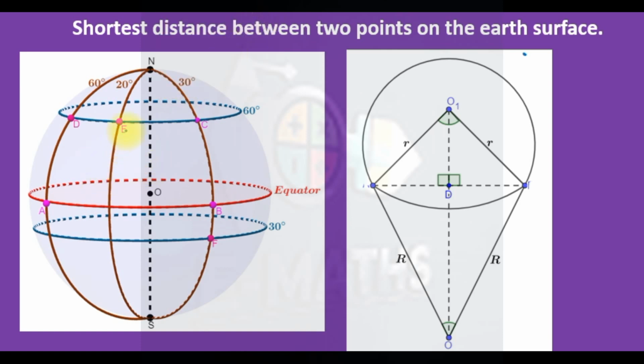we are given 2 points with latitude 60 and longitude 20, and latitude 60 and longitude 30, and we're asked to find the shortest distance between E and C. I'm here to tell you that the shortest distance is the distance along this longitude.